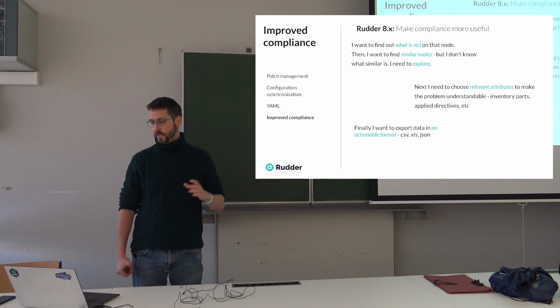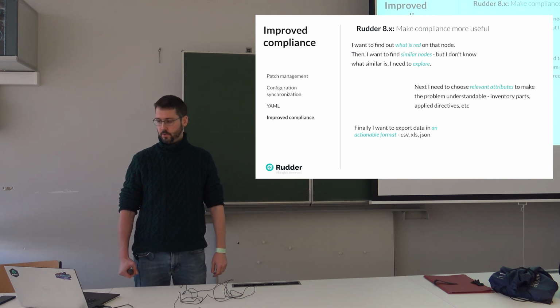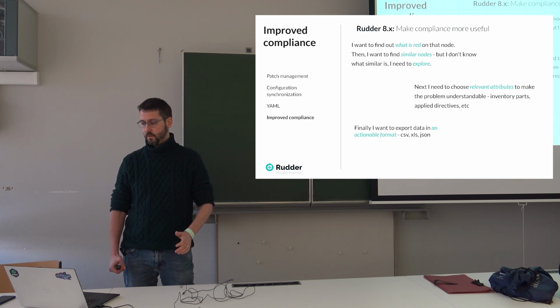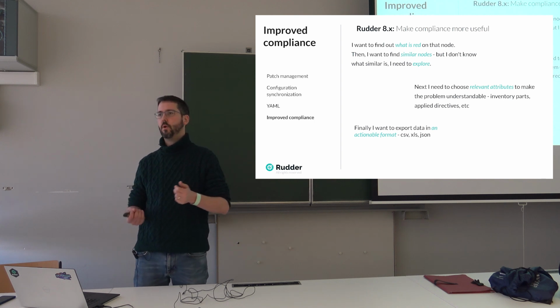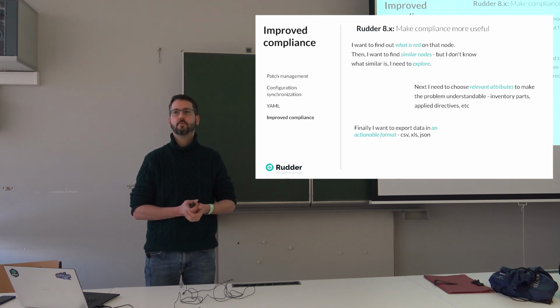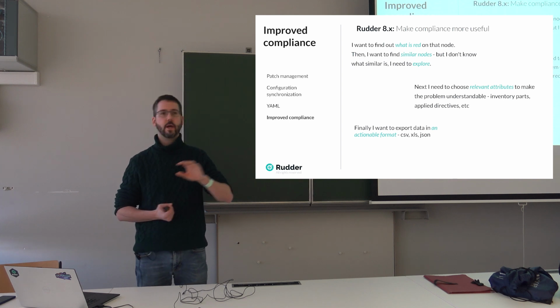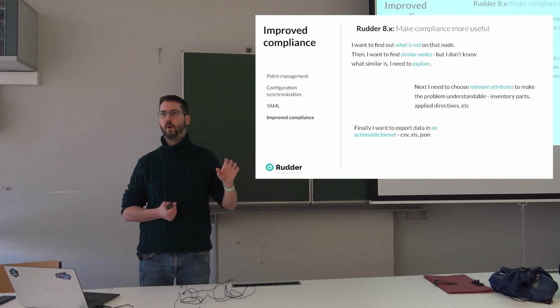Some specific use cases we would like users to be able to achieve: we have something red on the node. Red means non-compliant. We want to know what is non-compliant and why it is non-compliant on this node. So let's look at other nodes similar to this one.